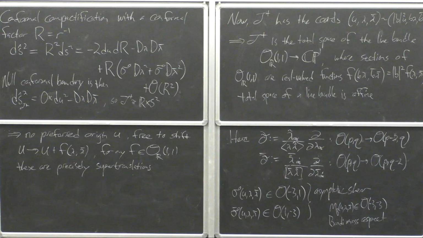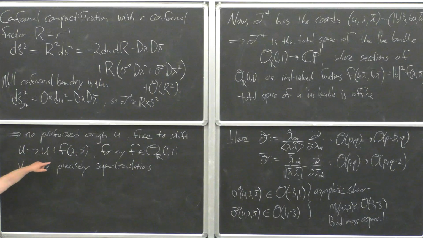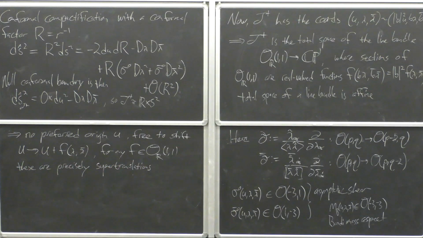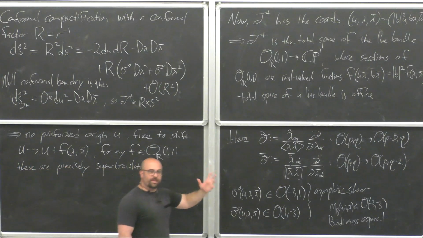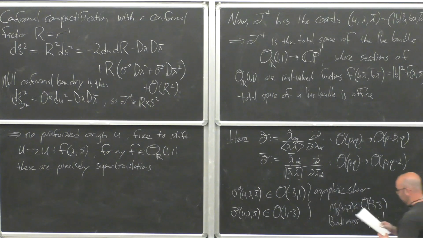But here it's not an option. If I shifted this thing by some f that depended on u, then it wouldn't be a section of the line bundle, so it's not allowed. This is the difference between things called the Newman-Unti group and the BMS group. So somehow the Newman-Unti group just can't appear in this framework.